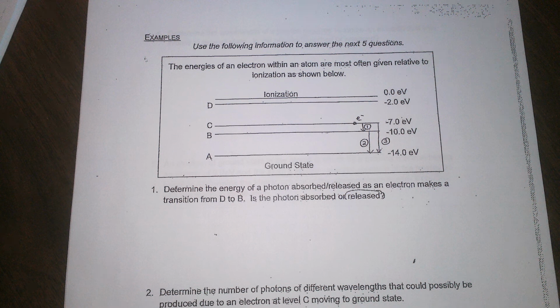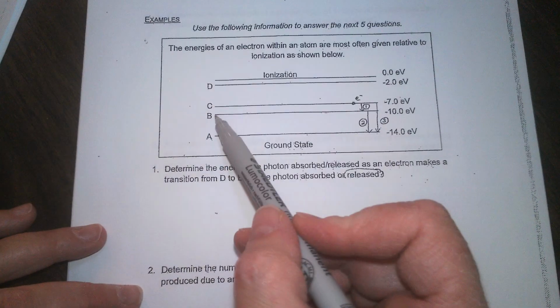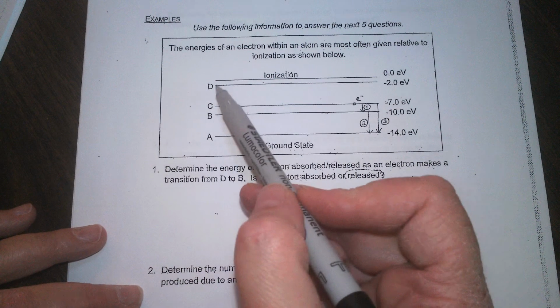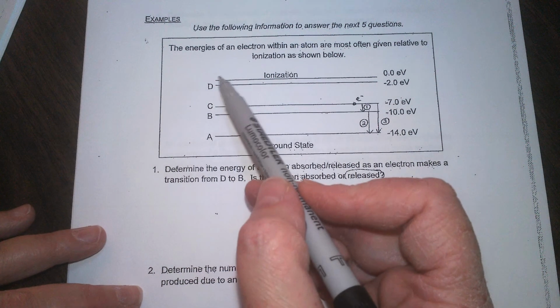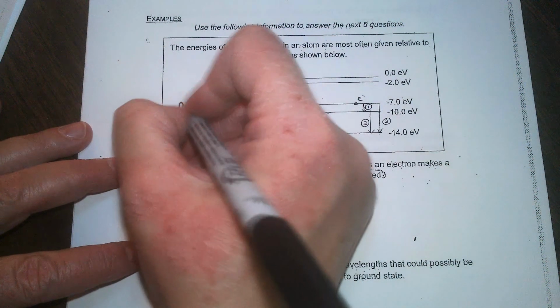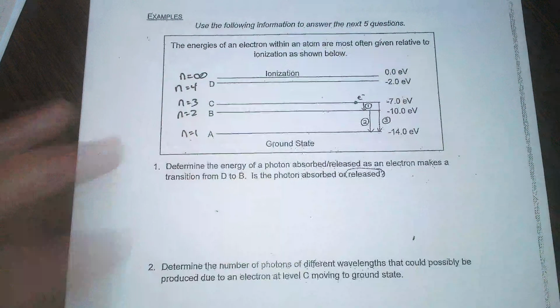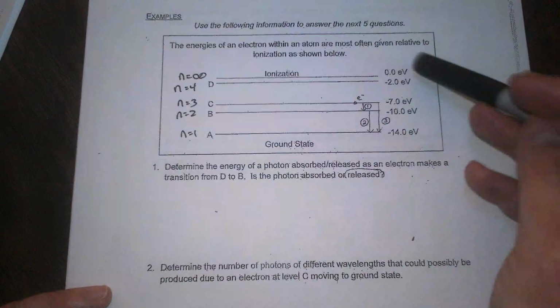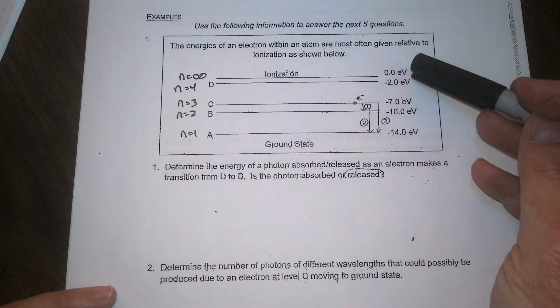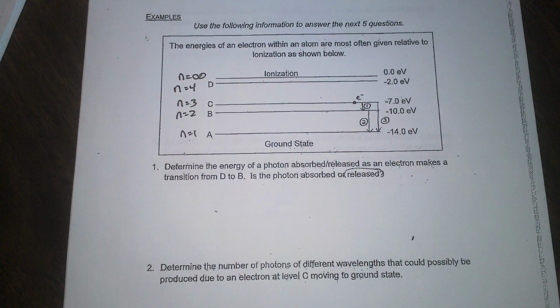The energies of an electron within an atom are most often given relative to ionization, as shown below. Level n equals 1, n equals 2, n equals 3, n equals 4. It shows us that we start at 0 electron volts at ionization and we're at negative 14 electron volts at ground state.